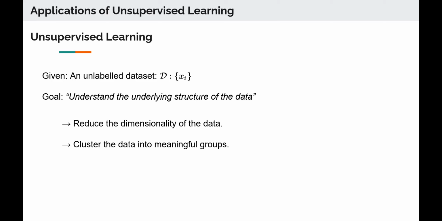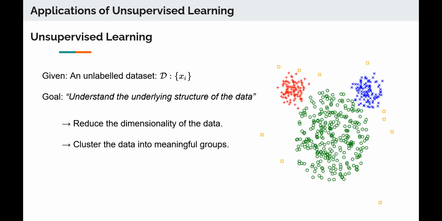Another way is that one can say, if I'm given some data and I just plot the data in whatever dimension it exists in, can I try to find if there are some clusters in the data? Here again, these points are marked in different colors, but if we assume all these points to be just black, and then we try to find if there are naturally occurring clusters within this data based on some distance metric that we come up with, then this can be useful.